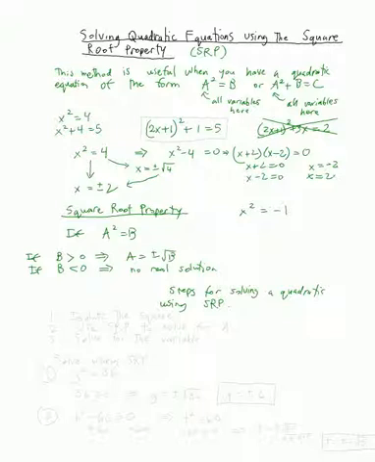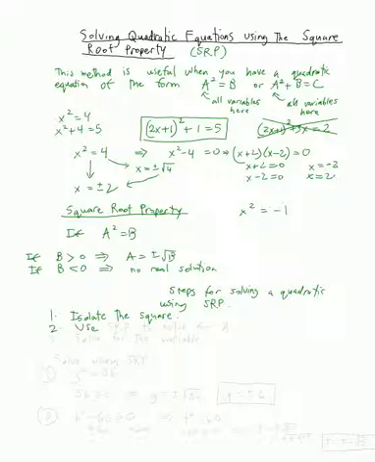Okay? So step one, we need to first put it in the form where we can use it. Notice right here, this equation I said can be solved using the square root property. We just need to put it in the right form first. Okay? So step one is going to be to isolate the square. Once we've isolated the square, we're ready to use the square root property.